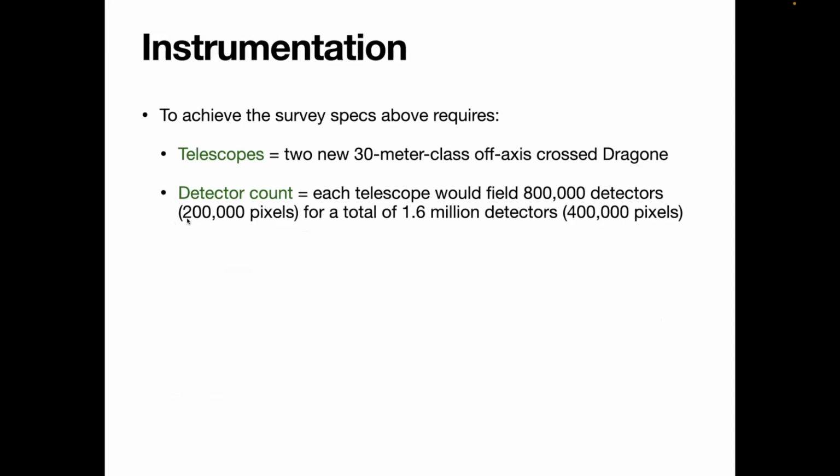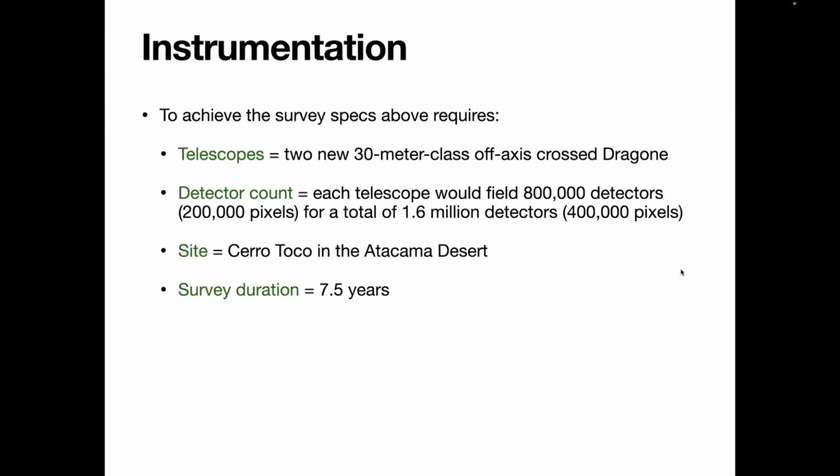But each pixel is 4 detectors, so 2 colors and 2 polarizations. So it's 200,000 pixels per telescope. So very large number of total detectors. And then the site would need to be in the Atacama Desert as opposed to, say, the South Pole, because we need 50% of the sky. The duration to achieve those noise levels is 7.5 years.